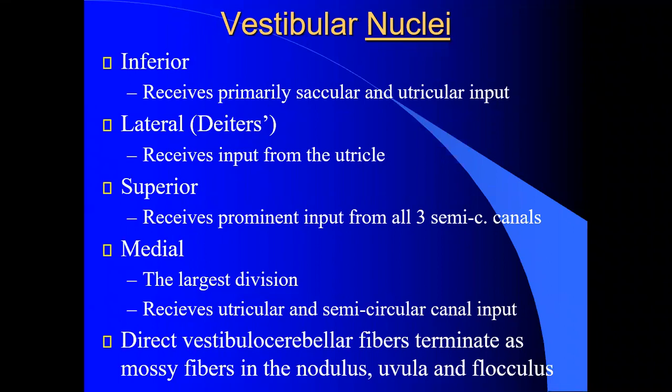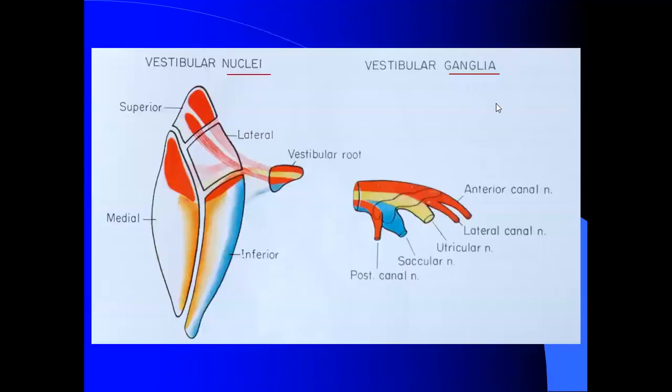The fastigial was alphabetically out of order because that's the oldest one. So there is going to be some input from the fastigial nucleus, so the cerebellum, directly to the vestibular nuclei. You're going to have a vestibular cerebellar input into the vestibular apparatus.